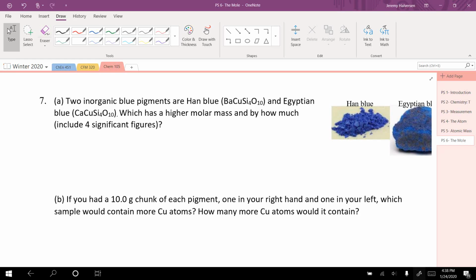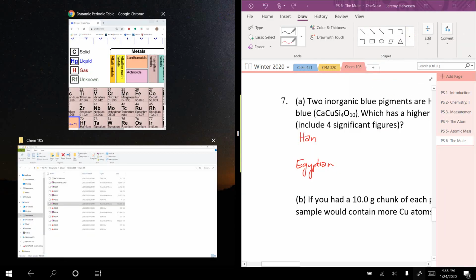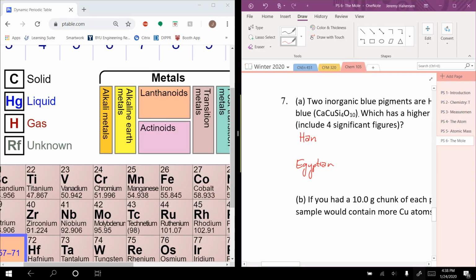There's an easier way to do it, but I'm just going to do it the hard way, calculate the molar masses. So we've got Han and Egyptian. Pull up my periodic table.